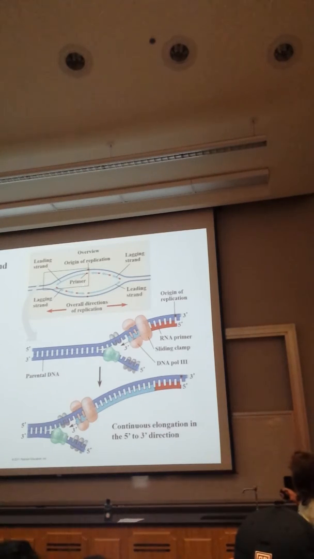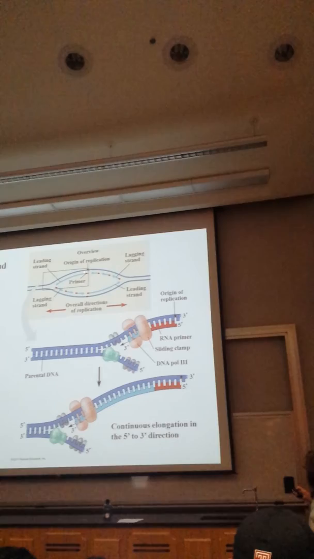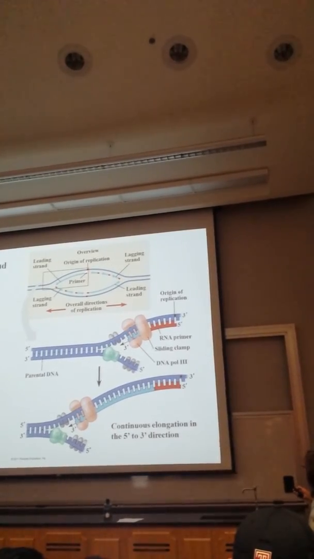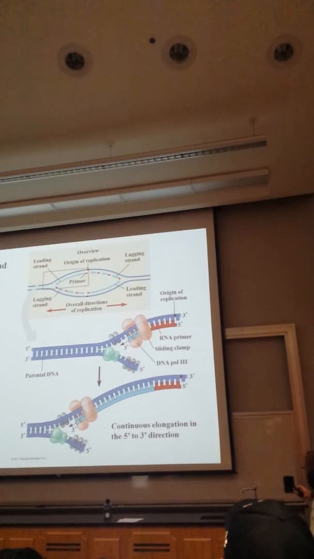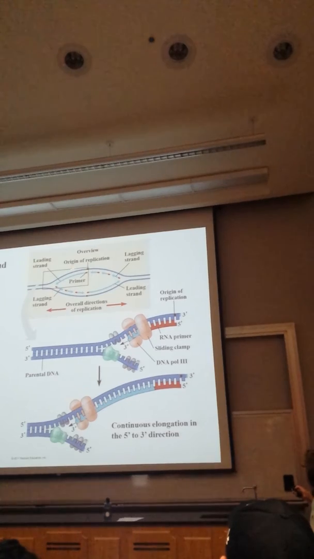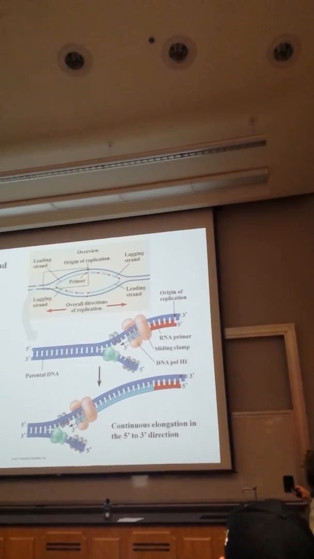So when that origin of replication opens up and that replication bubble forms, RNA primase will put a primer in, and then DNA polymerase 3 will bind to that RNA primer and go in a 5' to 3' direction into the bubble, into the replication fork. That's leading strand synthesis. It happens as one long strand.